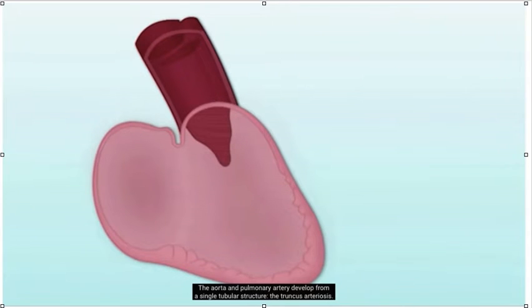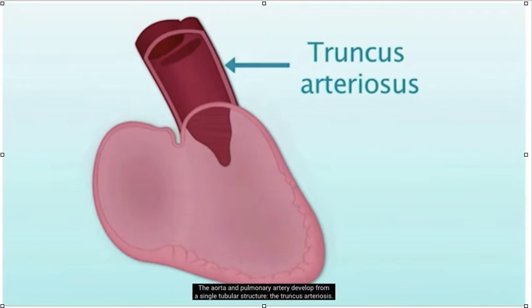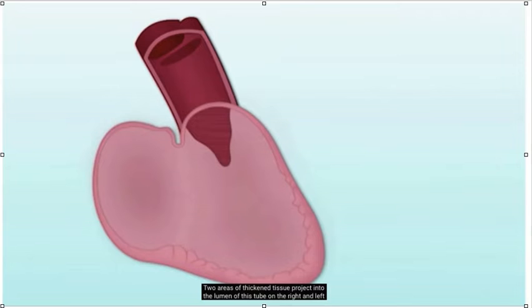Now, the aorta and the pulmonary artery develop from a single tubular structure, okay, called the truncus arteriosus, and these two areas of thickened tissue project into the ventricles, right? So they are going to grow in size, and they are going to fuse to form the septum, which has a spiral course dividing the truncus into two vessels, the aorta and the pulmonary artery.